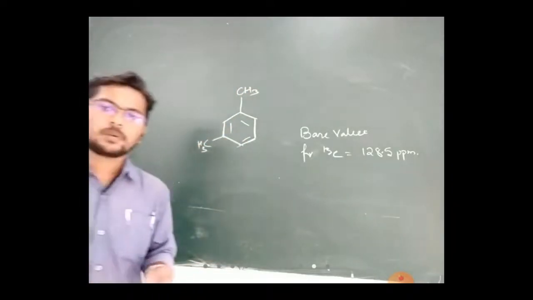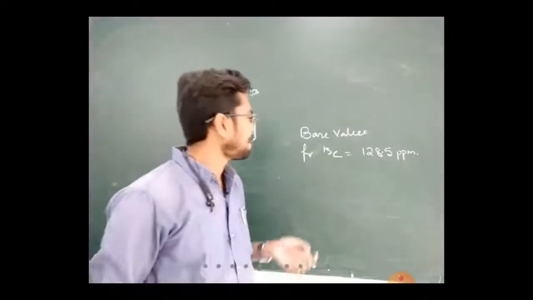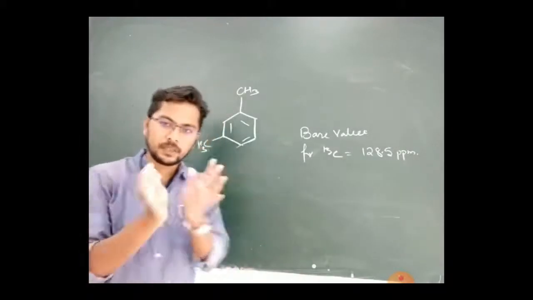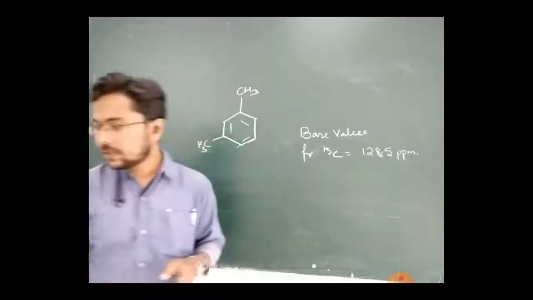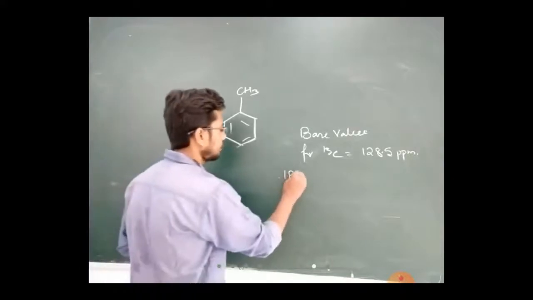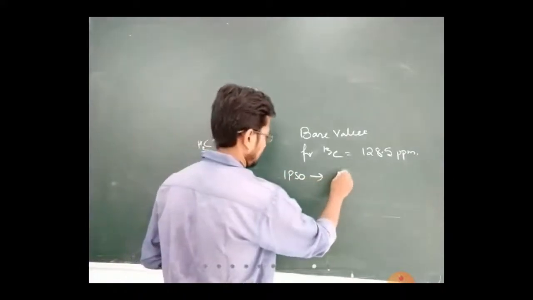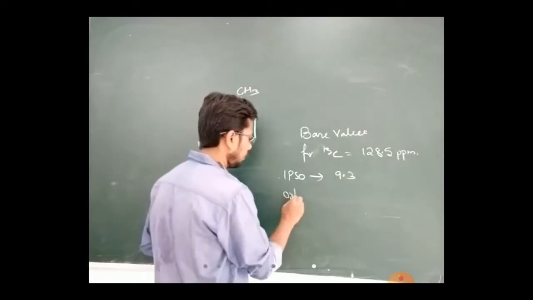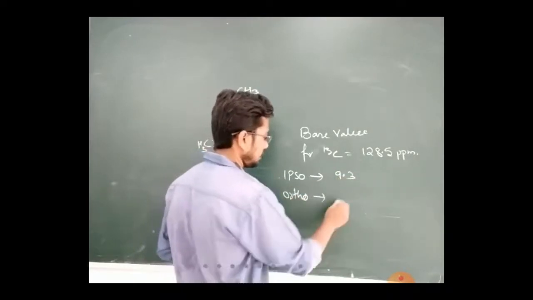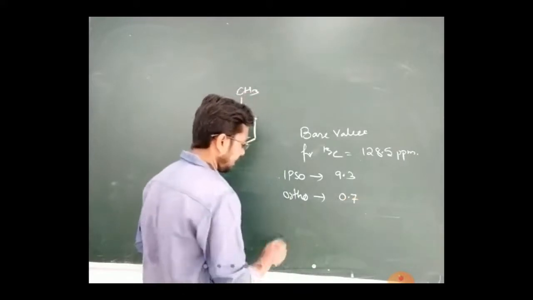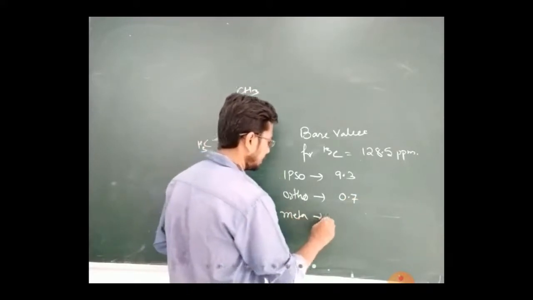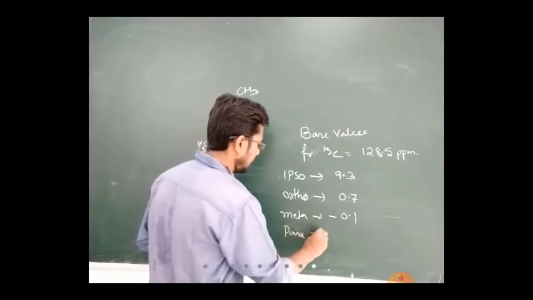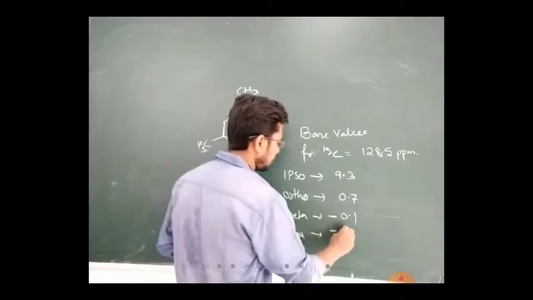This example I am taking from your book only. You are also given a table, and the table says that for ipso it is 9.3, for ortho it is 0.7, for meta it is minus 0.1, and for para it is minus 2.9.